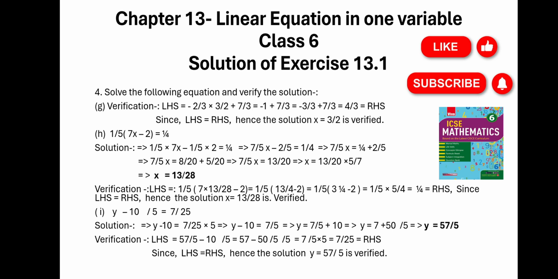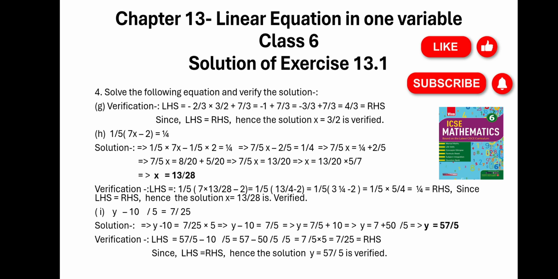So negative 1 means negative 3 upon 3 because LCM is 3, plus 7 upon 3, and that gives you positive 4 upon 3, which is equal to RHS. Since LHS is equal to RHS, hence the solution x is equal to 3 upon 2 is verified.